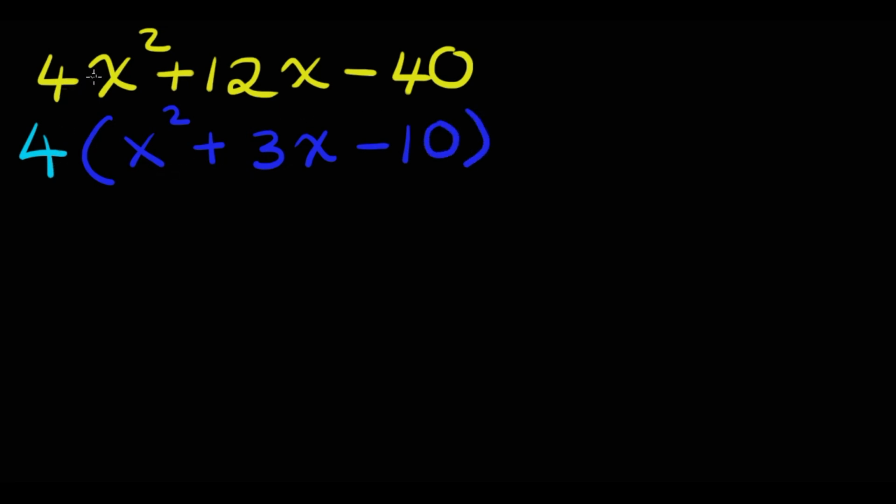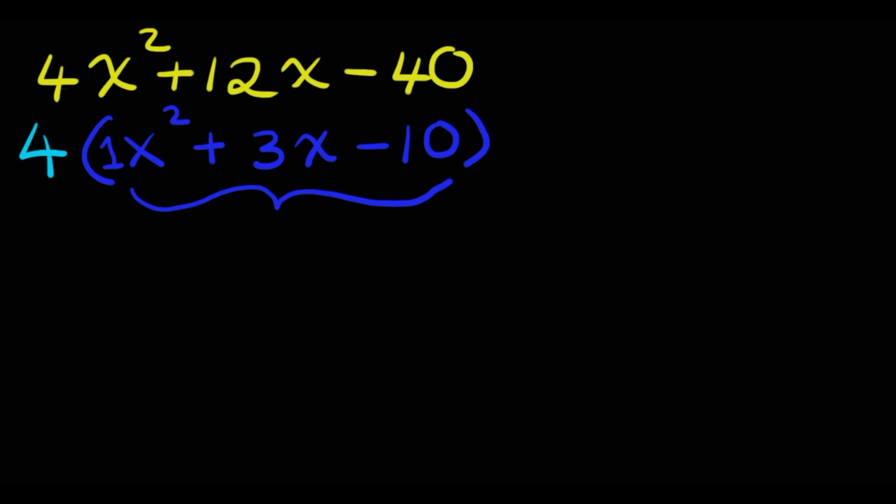So 4 goes into 4x squared, x squared, 4 goes into 12x, 3x, and 4 goes into negative 40, negative 10. So inside this parenthesis, you have a trinomial with leading coefficient of 1. So your a here is 1.